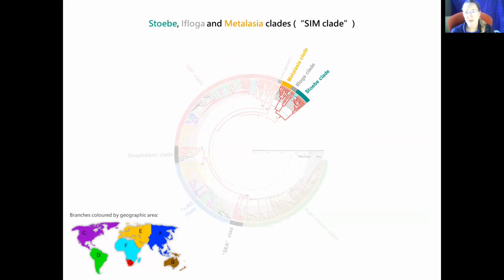So the first clade I'm going to talk about is what I call the Stoebe clade, comprising the Stoebe-Seriphium and Metalasia clades, all localized in Southern Africa. In fact, mostly in the Cape region, the winter rainfall region, although some members of the Stoebe clade get into tropical Africa and Madagascar.